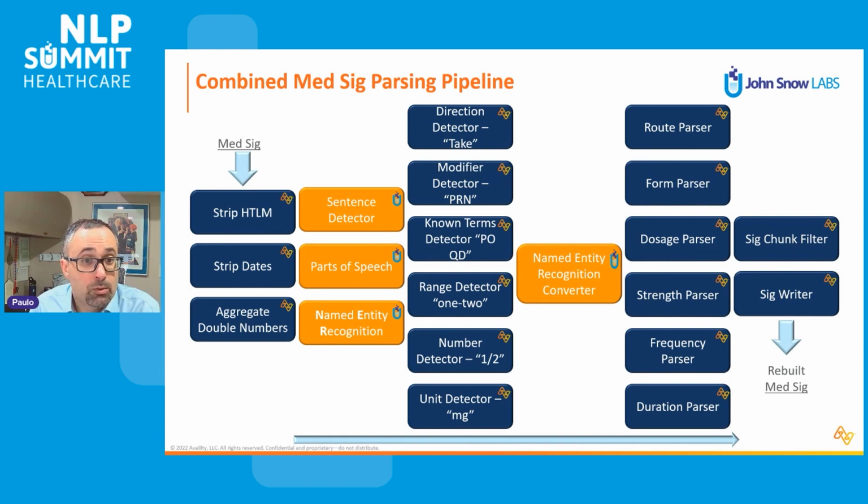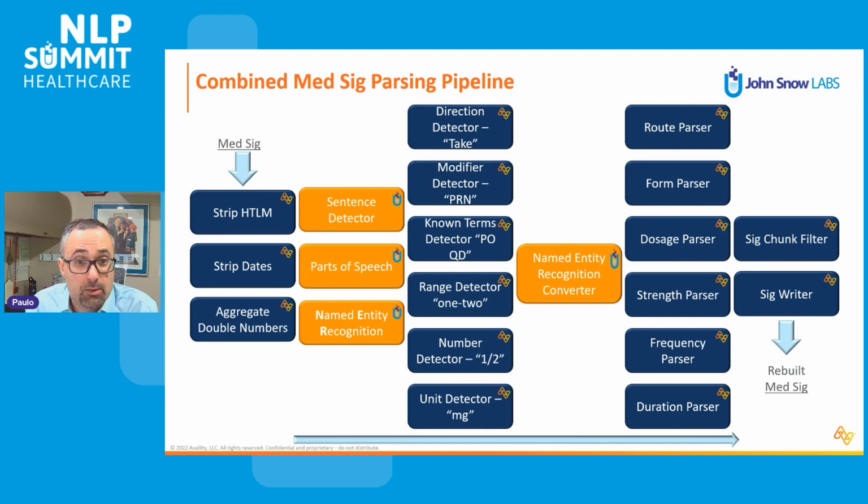In known terms, in this case, things like by mouth Q day or daily. In terms of range detection, things like 1 to 2, a number detector, things like a half, and then a unit detector, which is for milligram.